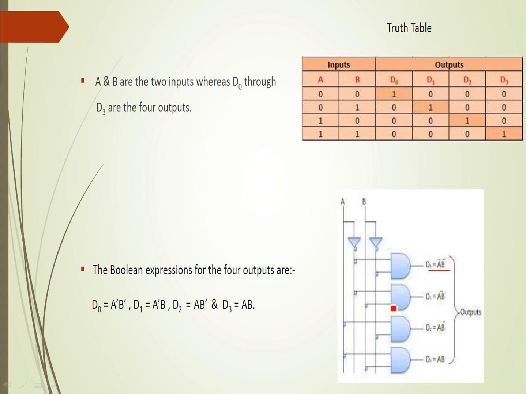And for D1 A bar B. So here A bar and B, the output D1 equal to A bar B. And for D2 expression is A B bar. So A and B bar. And for D3 A and B. So these are the four outputs. So just by using the AND gate, you can design the decoder.